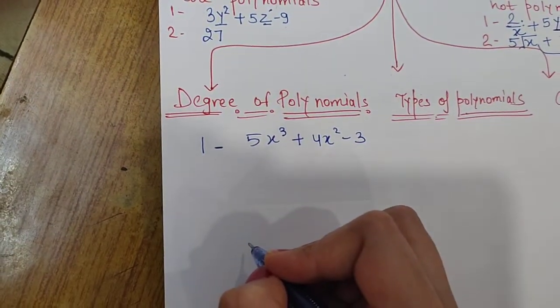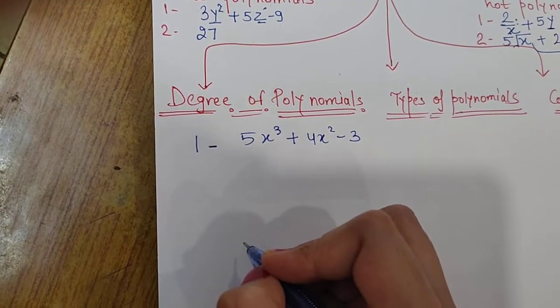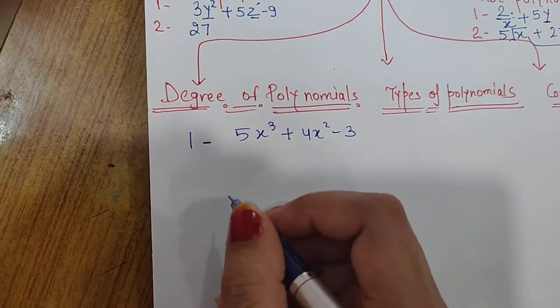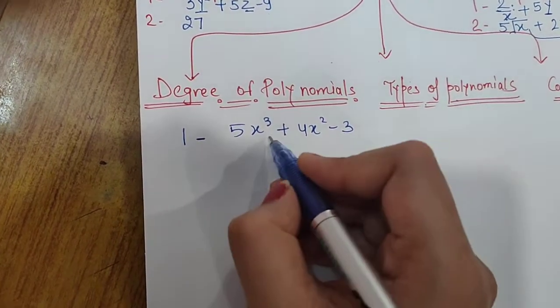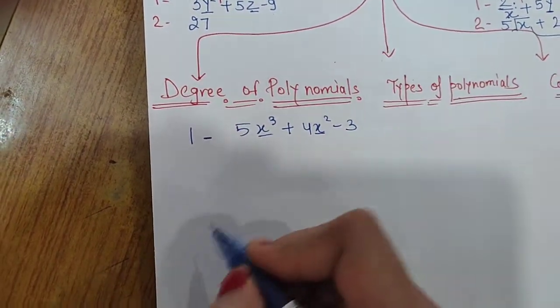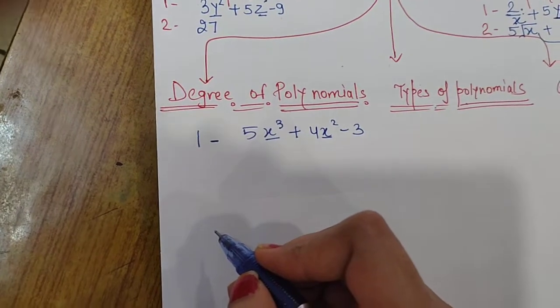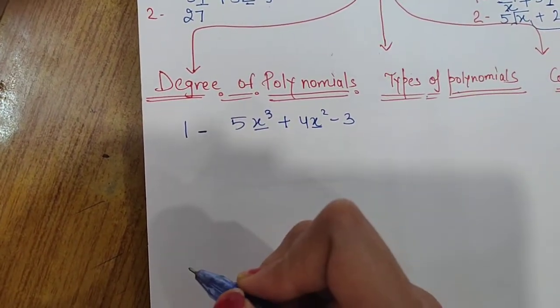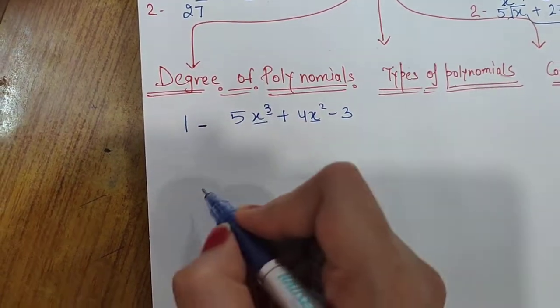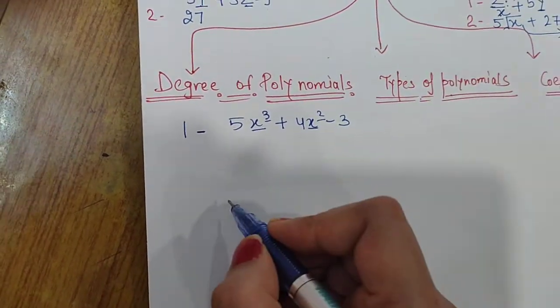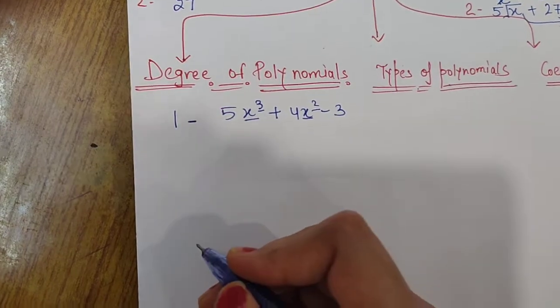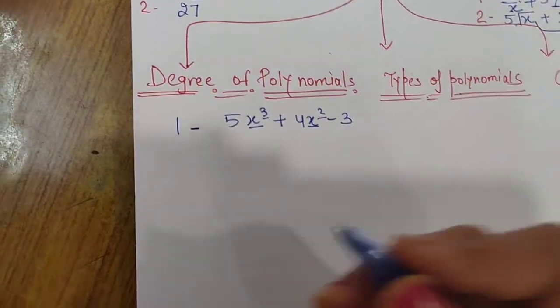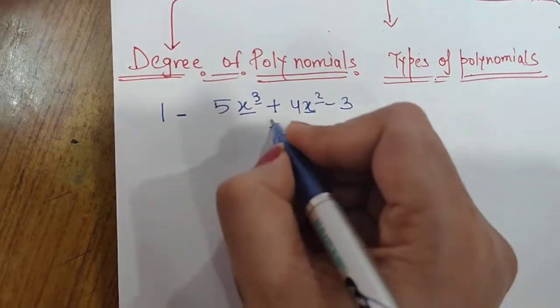Is this a polynomial? First of all, you have to check before telling the degree of the polynomial. Yes, this one is a polynomial, and only one variable is there, x. So 3 is a degree of the polynomial, 2 is also, but if we have to tell in the question what the degree of the polynomial is, we will take the highest one.